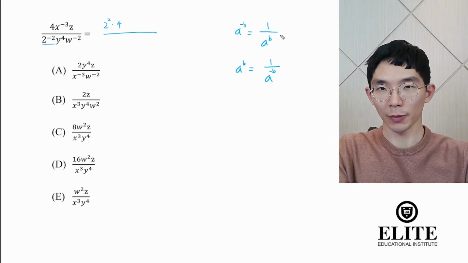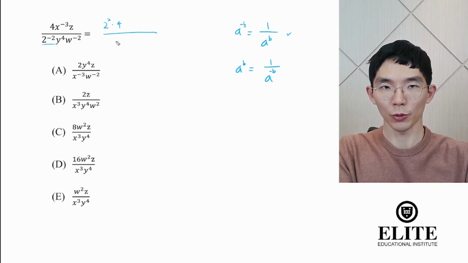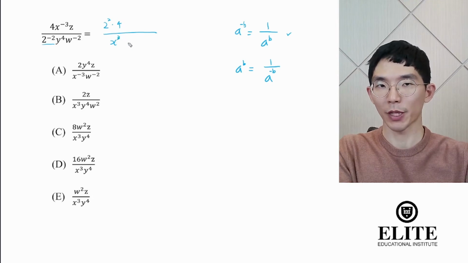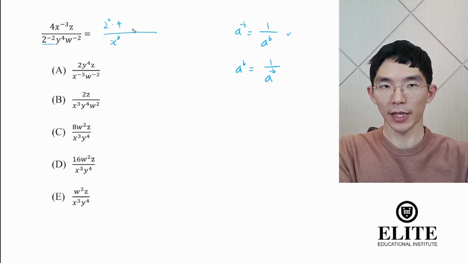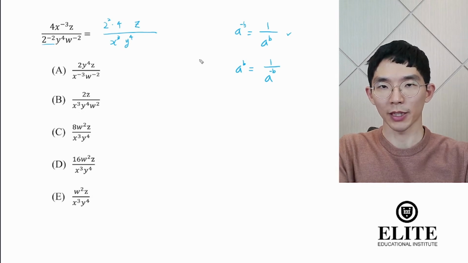By this rule, we can take this down to the denominator and have the power become positive. Then, of course, y to the power of 4 remains here. Then z also remains here. Then what happens to w to the power of negative 2? Because this is in the denominator, we can shift it upwards to the numerator with the power becoming positive by these rules.